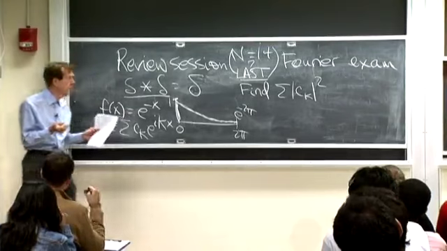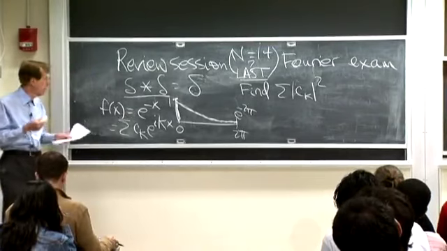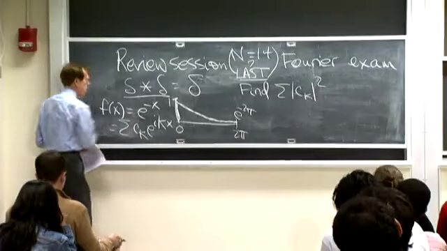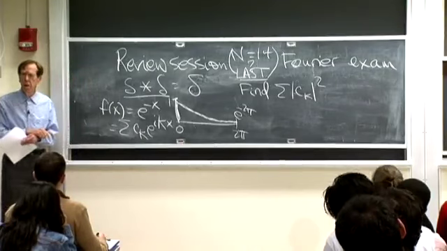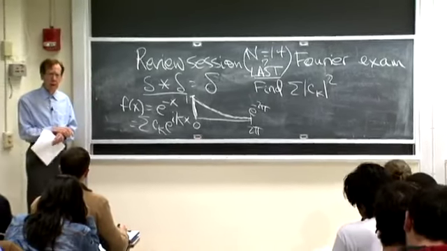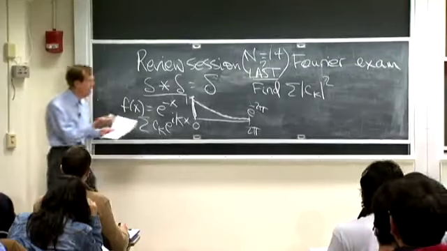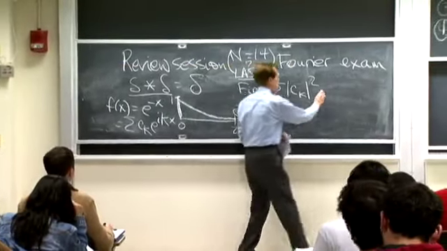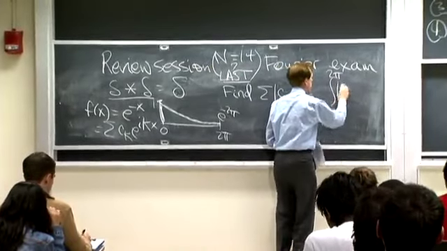I'm looking for the sum of squares of coefficients, and then there's this magic trick. What is it that helps me to find that sum of squares? I connect it to the integral of the function squared, from 0 to 2 pi of the function squared.